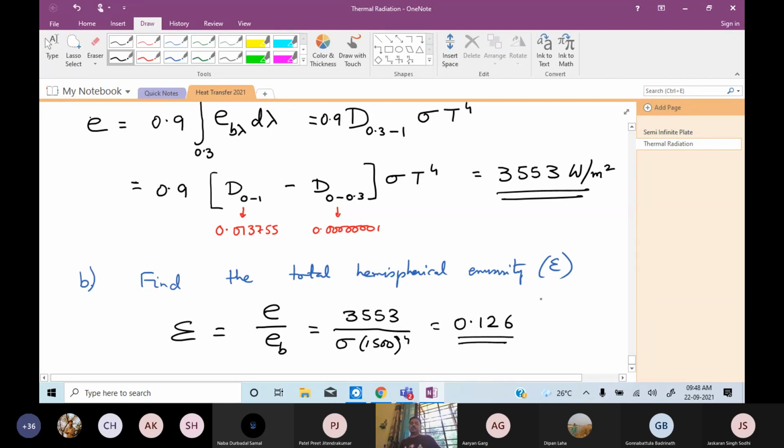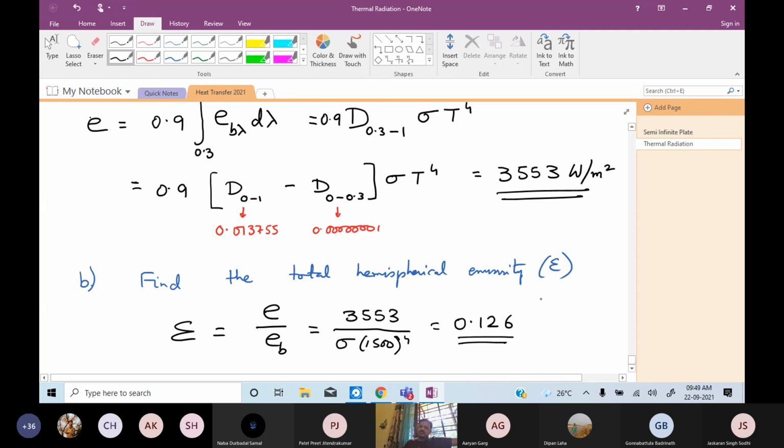Now look at this. If I say that I have a non-black surface with an emissivity of 0.126, would that be a good representation?